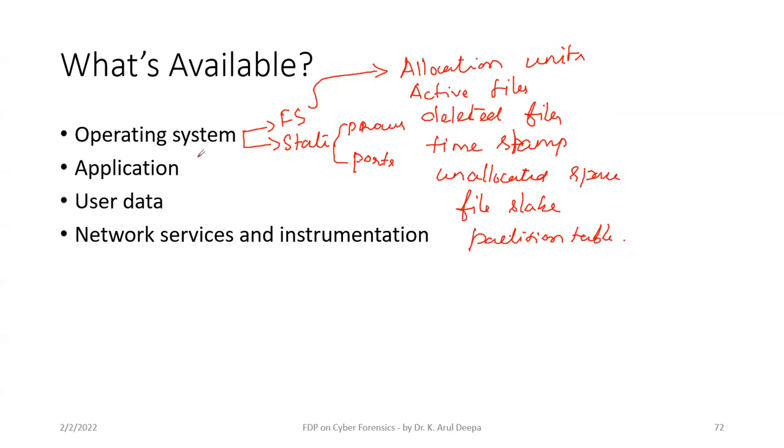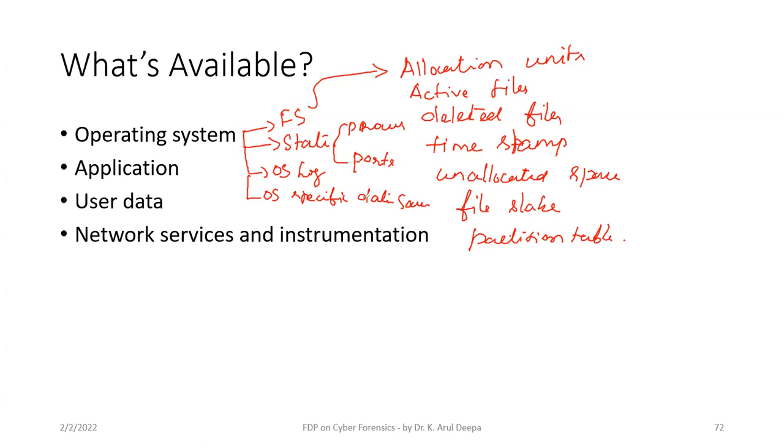Then OS logs, OS log files. So all the log informations, who are all have logged in, what is the login time, logout time, application used, all that. Then operating system specific data sources.